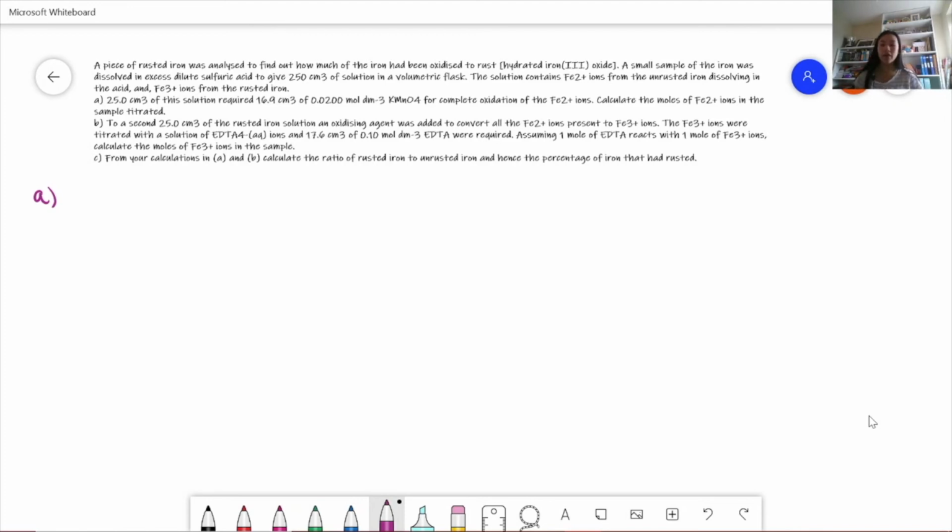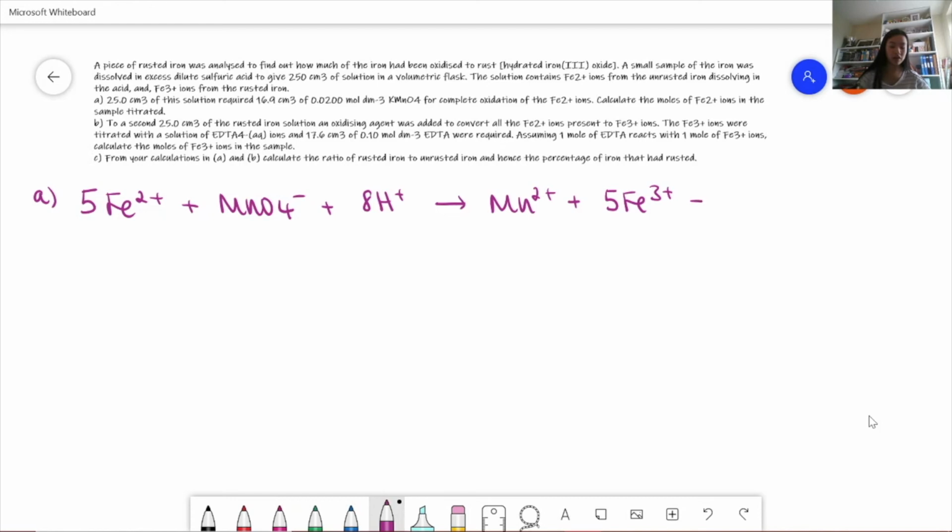So we have 5 Fe2+ ions reacting with a manganate ion, and also 8 H+, and this forms 1 Mn2+ ion plus 5 Fe3+ ions plus 4 waters. And so now we work out the moles of manganate that we used, and then we can use the ratio to work out the moles of Fe2+ that we used.